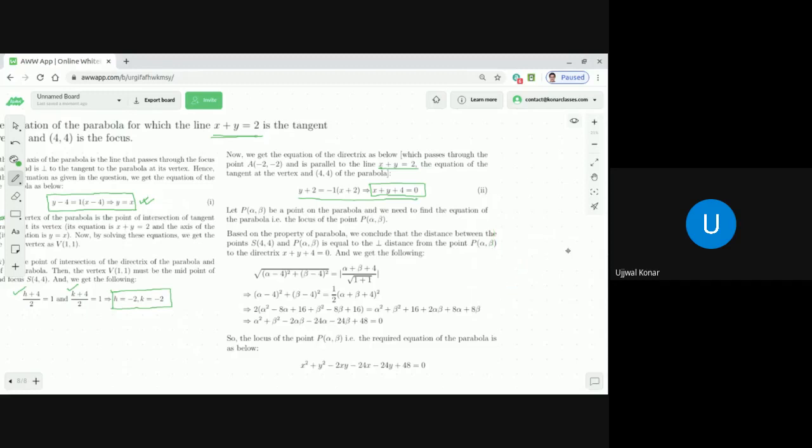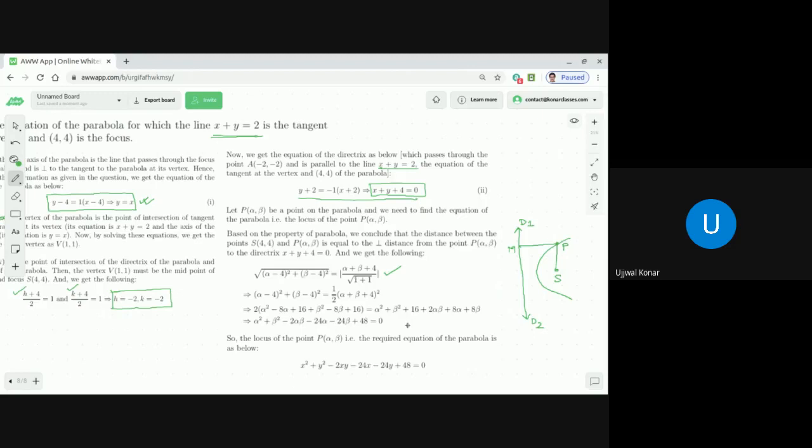Suppose this is the parabola, this is the focus, this is a point on the parabola, and this is the directrix. So SP, and suppose M is the foot of the perpendicular from the point P to the directrix. Suppose D1, D2 is the directrix. So according to the definition of a parabola, PS equals PM. That's what we have done. That is called the eccentricity, correct or not?